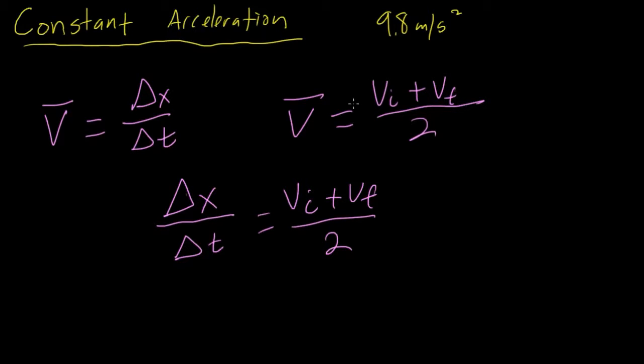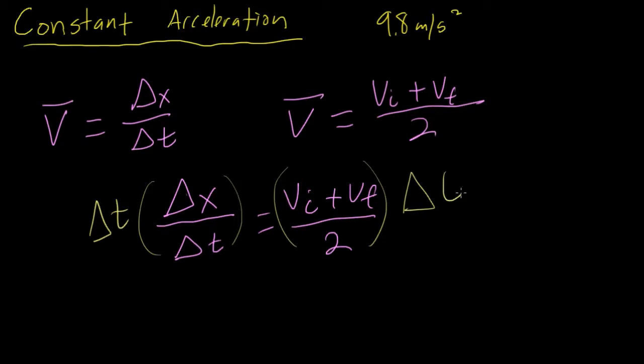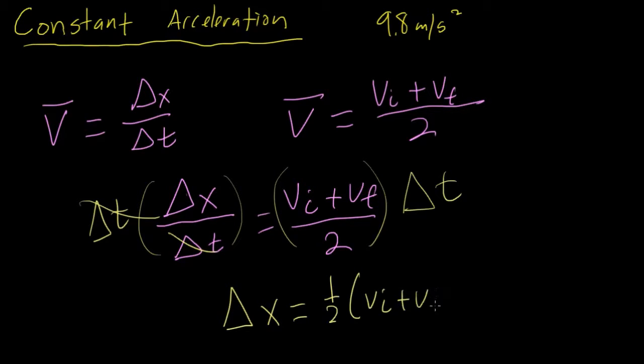So if we wanted to solve for the change in displacement, which would be how far we moved, we could multiply both sides of this by delta t, right? Delta t cancels here, so we would get delta x equals 1/2 (vi + vf) times delta t.